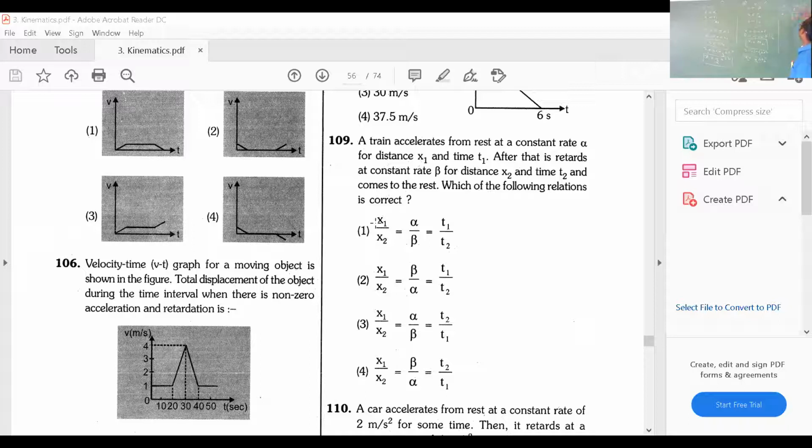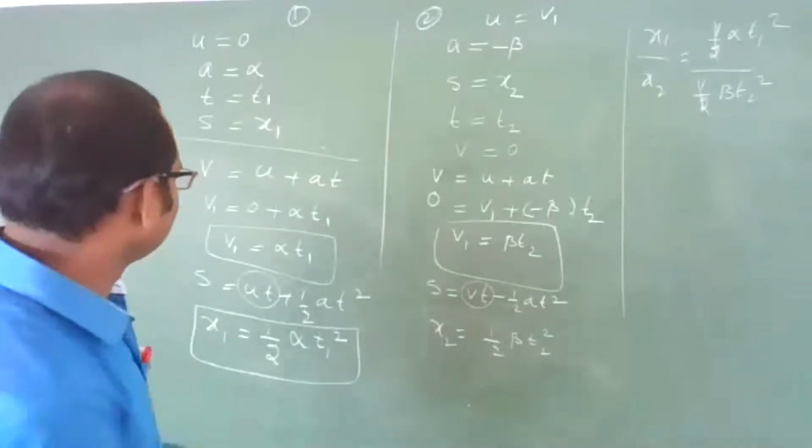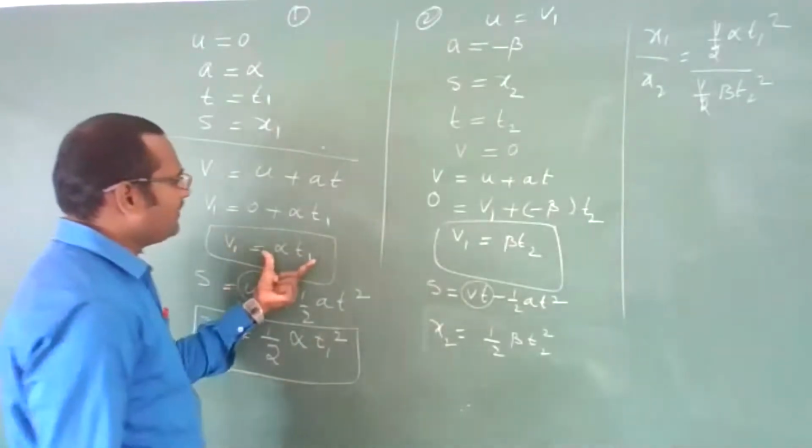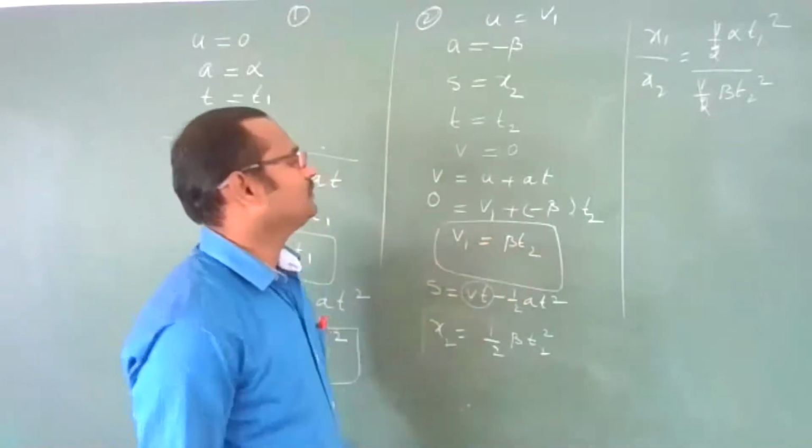The halves cancel. We don't know the t1 and t2 values, but we have seen v1 equal to alpha t1, and also v1 equal to beta t2.